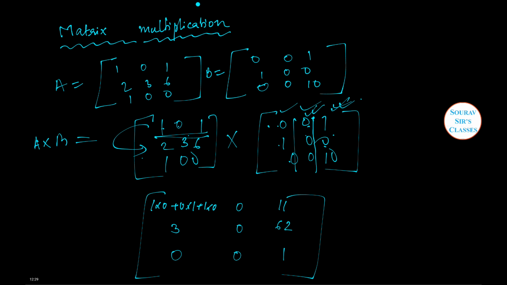Now there is one more trick to guess the order of the final matrix. The initial matrix is 3 cross 3 and the second matrix is also 3 cross 3. Hence take the number of rows of the first matrix and the number of columns of the second matrix, that is 3 cross 3 again, hence the order is 3 cross 3.